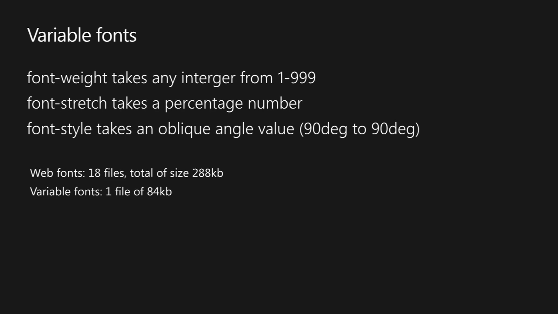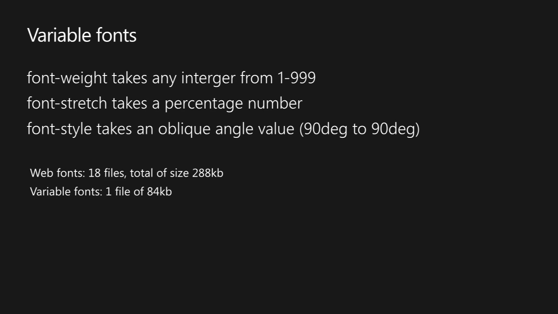You're probably saying like, yeah, this probably doesn't work on any browser, but browser support is really good. I'll show you later on. So as an example, you can have any font weight you want from 1 to 999. So you can literally have font weight 5, 6, 7, and that's going to work. If you have a designer on your team, they will love it. They will appreciate it so much. And font stretch, I never really use this, but I think font stretch is when you stretch it, and font style is when you give it an oblique angle.